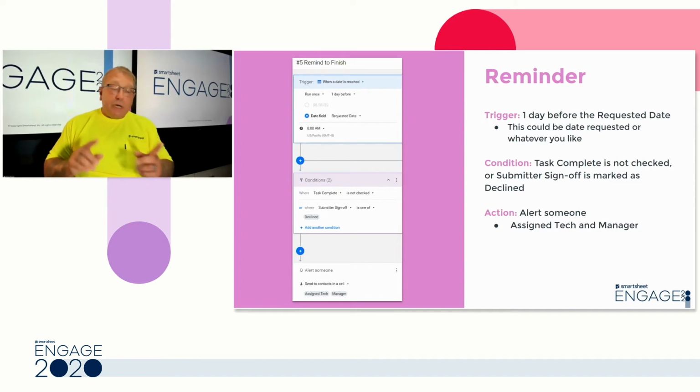All right? But we also added a condition. And the condition is when the submitter sign-off is declined. We're going to talk about that sign-off. That actually is going to come a little bit in the next phase of this, because that's going to be a drop-down column used in the approval.